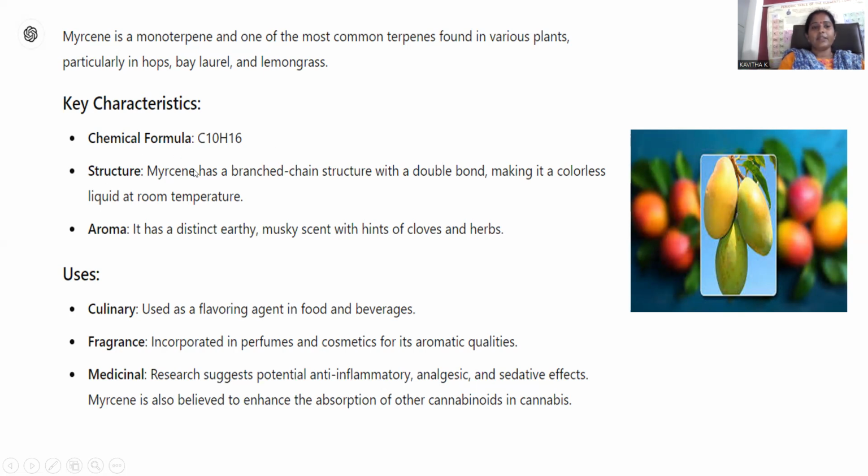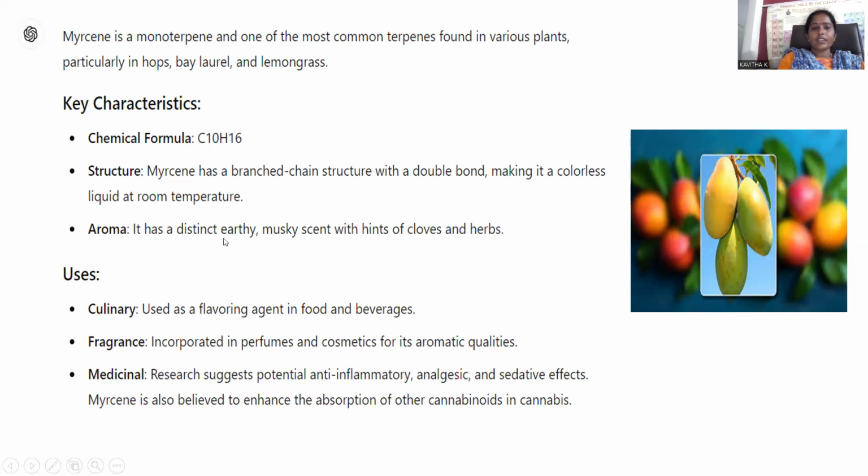Key characteristic: the chemical formula for this one is C10H16. Myrcene has a branched chain structure. A chain is there, and another side chain will be there. So that branched chain structure will be there. And we also locate a double bond over there, making it a colorless liquid at room temperature. So it is a kind of colorless liquid.